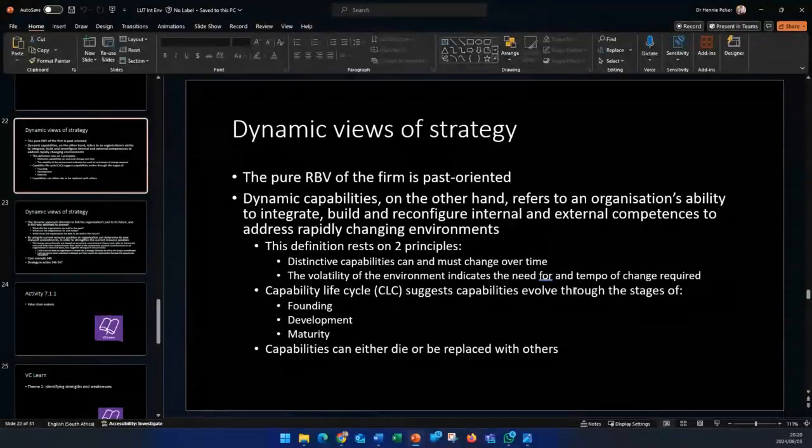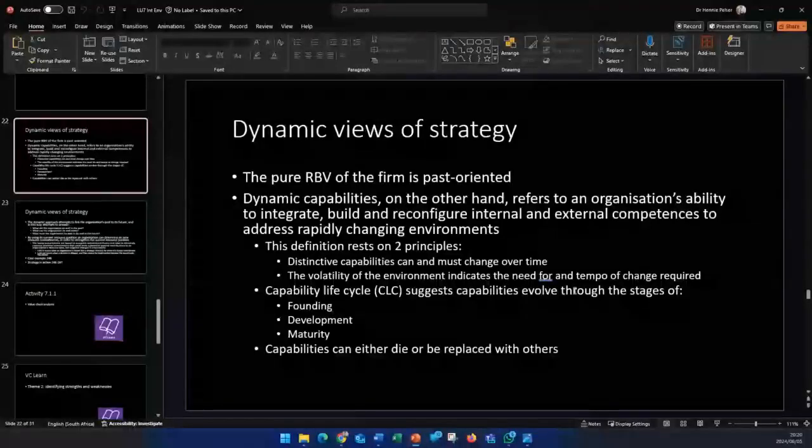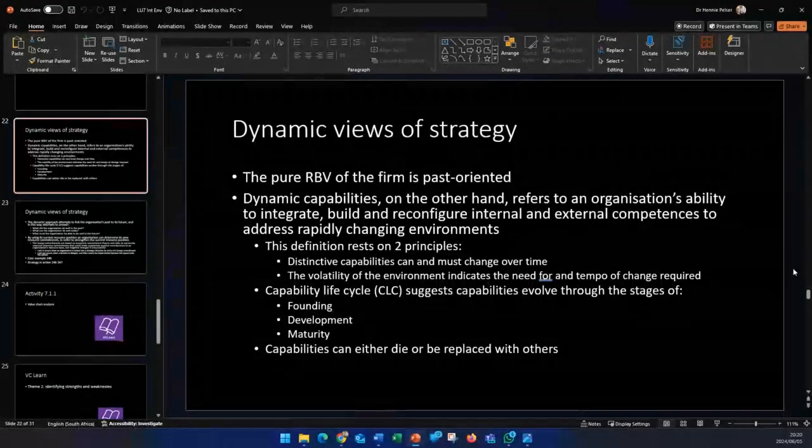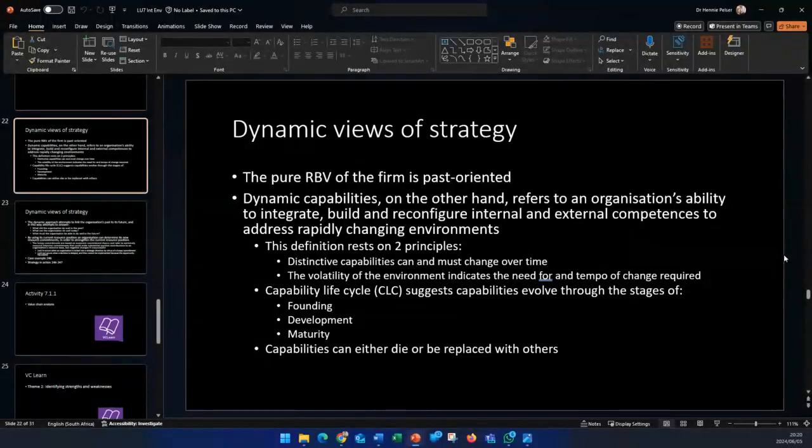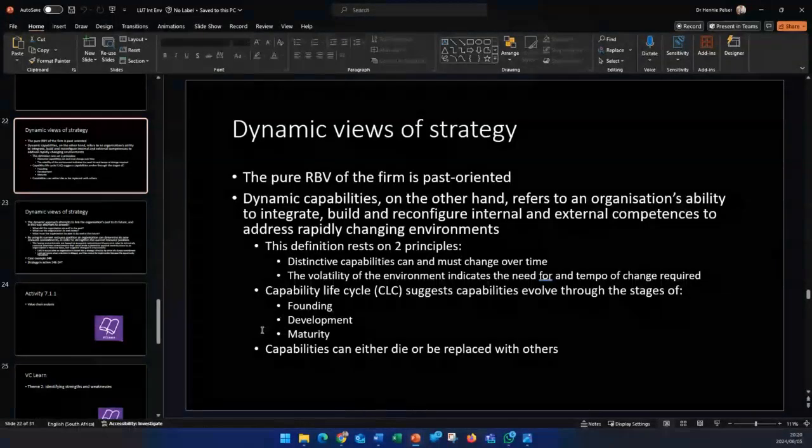So the need to constantly update and reinvent yourself in terms of capabilities is absolutely essential.